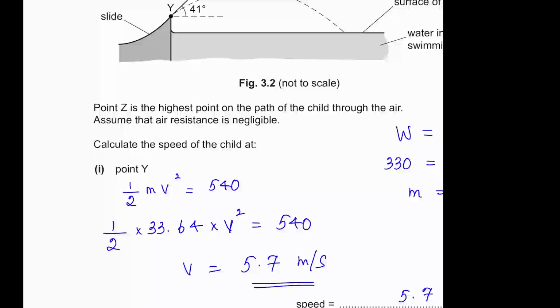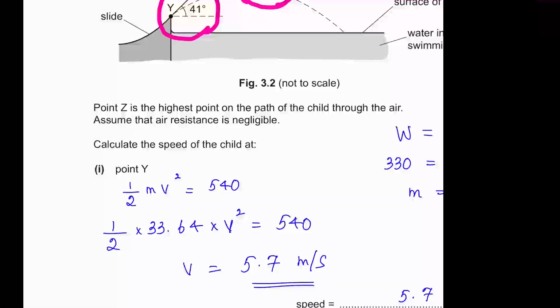And also, throughout this whole projectile motion, the horizontal velocity will remain constant. Am I right? So if you take them together, that means the velocity at the point Z is indeed the horizontal velocity at point Y.